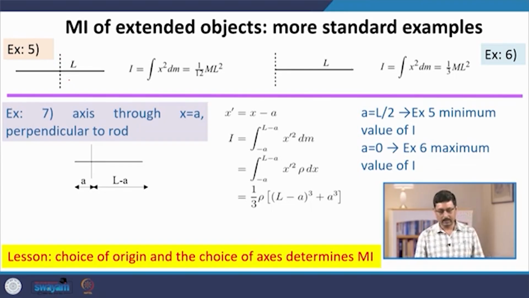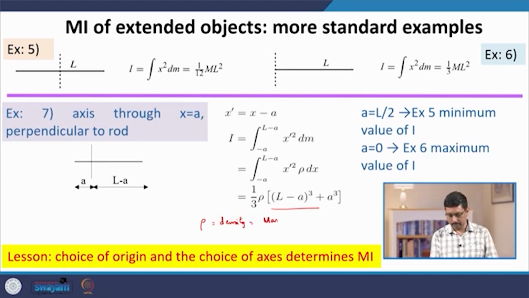The calculation is shown here, and I just focus on the result, where rho is the density, that is mass per unit length, and you get the moment of inertia, as expected, which is now a function of A.